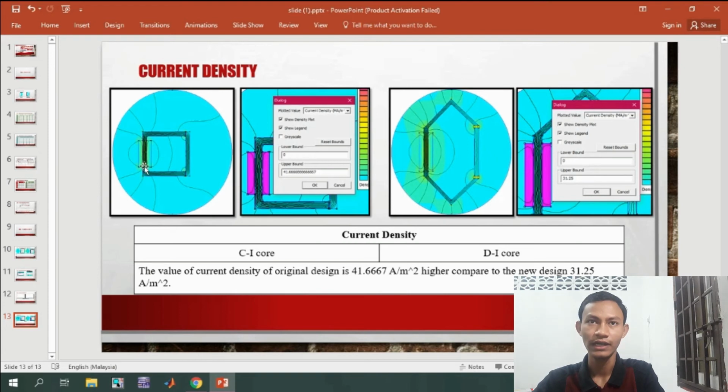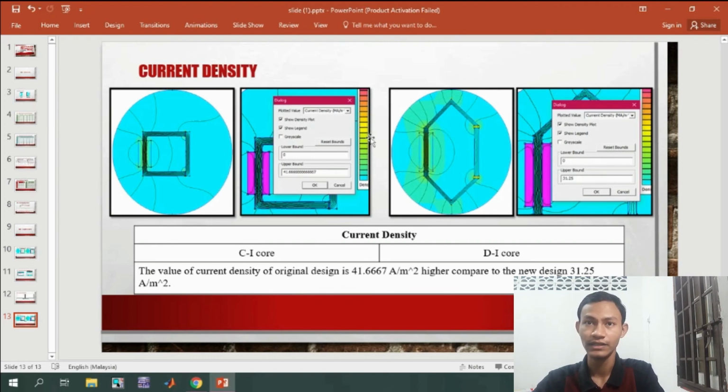Around the coil, we can see the leakage flux, between the cores we can see the gap length, and outward between the cores we can see the fringing effect. Between the fringing effect, we can see the mutual flux flowing to the I core. It is the same for the DI core.